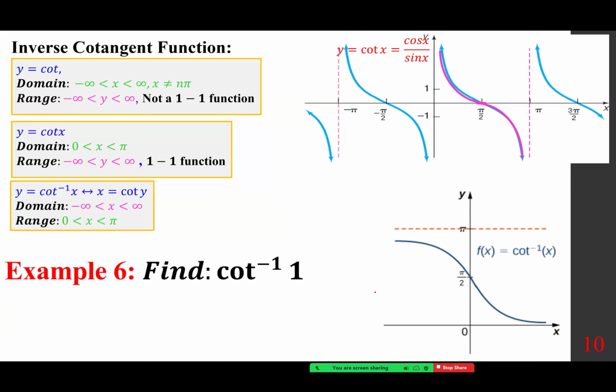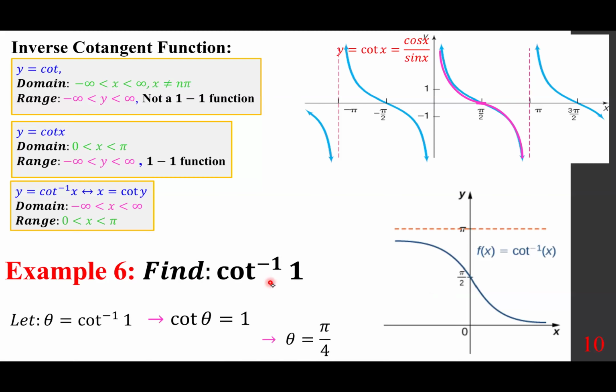Okay, so that's the graph of the cotangent inverse. And so find cotangent inverse of 1. Let theta be cotangent inverse 1. That means cotangent theta equals 1. It's a common arc. You know the answer, pi over 4, and you're done.